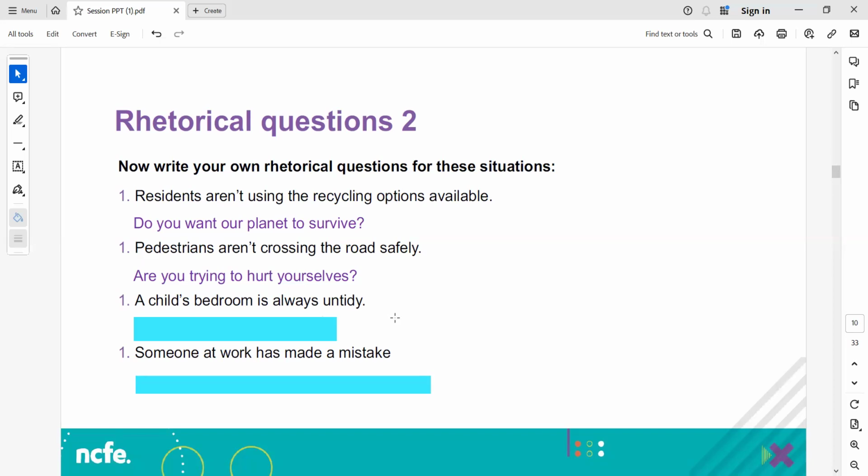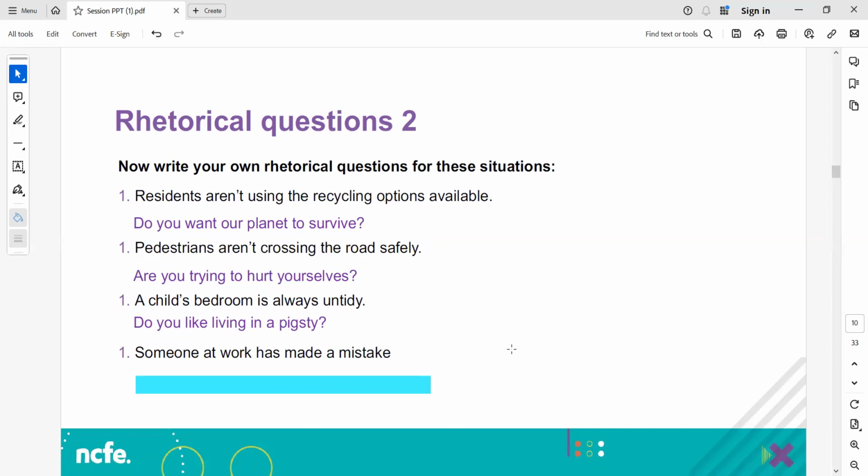What rhetorical question might their parent ask them? Are you trying to harm yourself? Yeah, because it could be unhygienic. Yeah, good try. And possibly, do you like living in a pigsty? Do you like living in a mess?